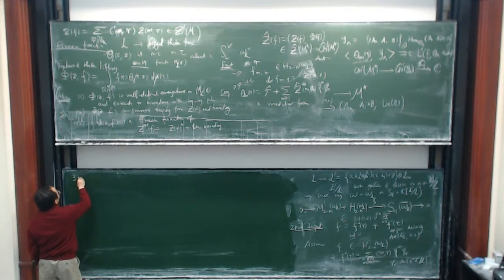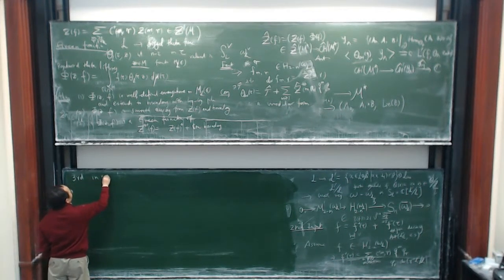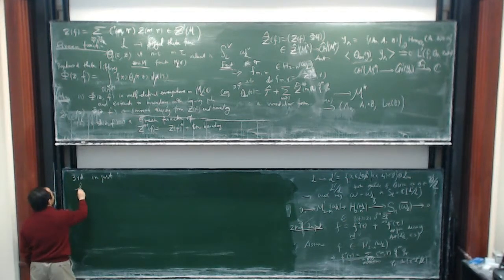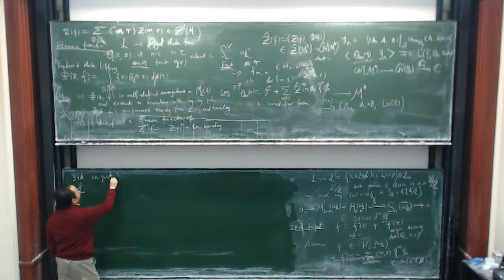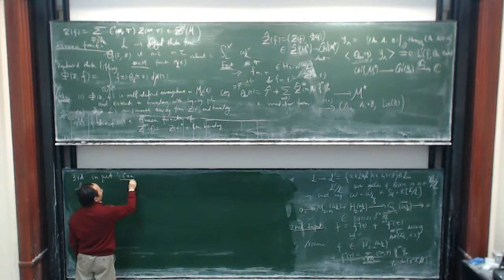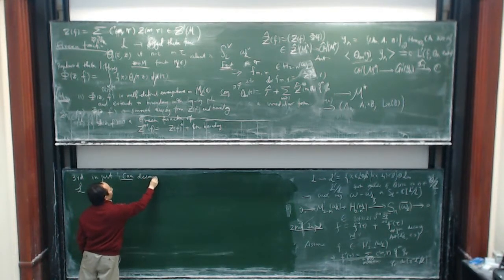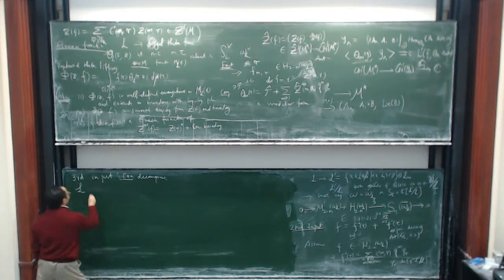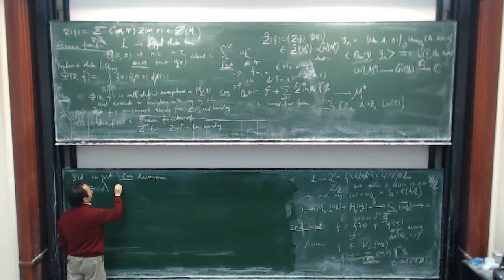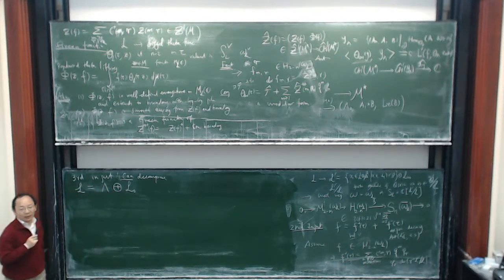The third input is that I can decompose L into two parts. One is this. So what is this supposed to mean?